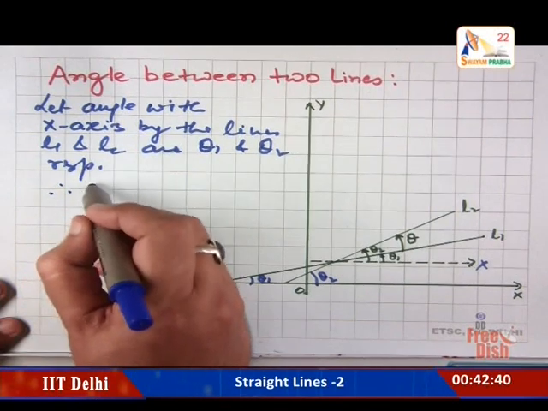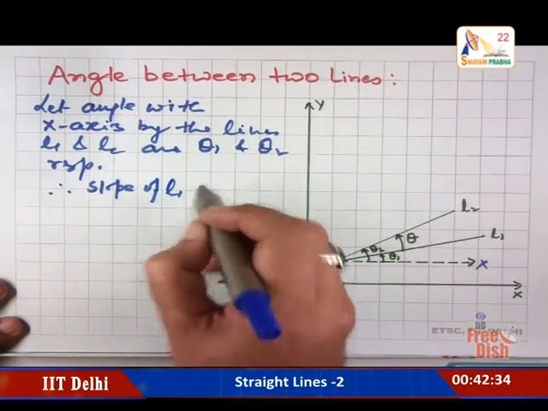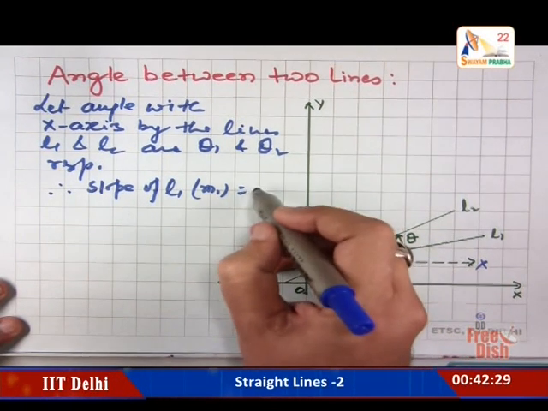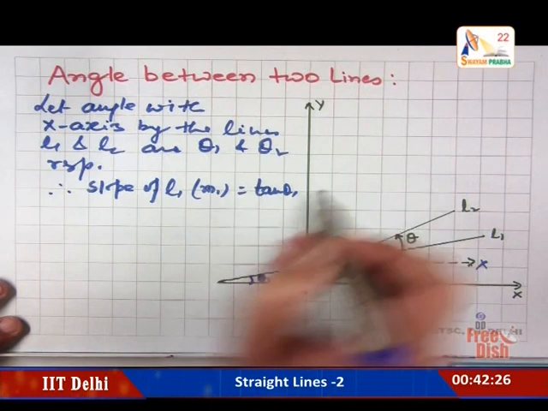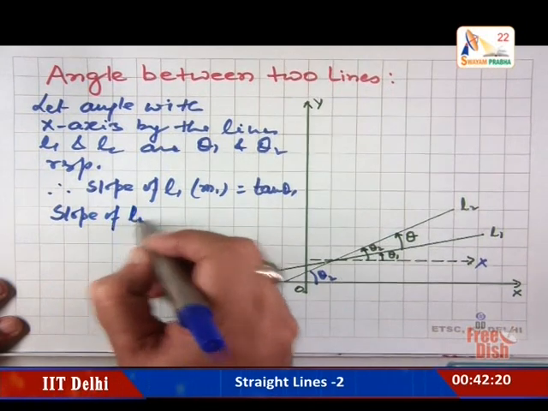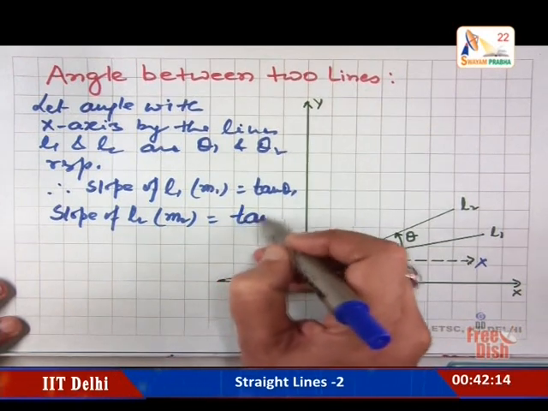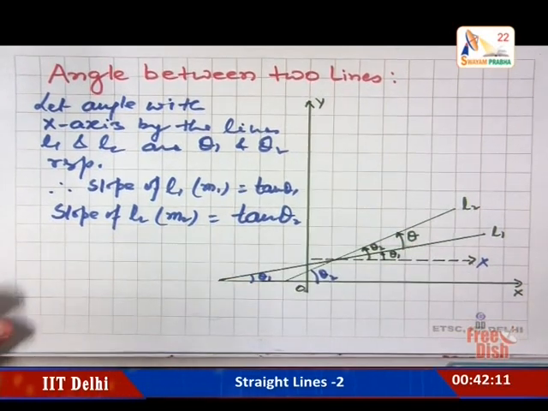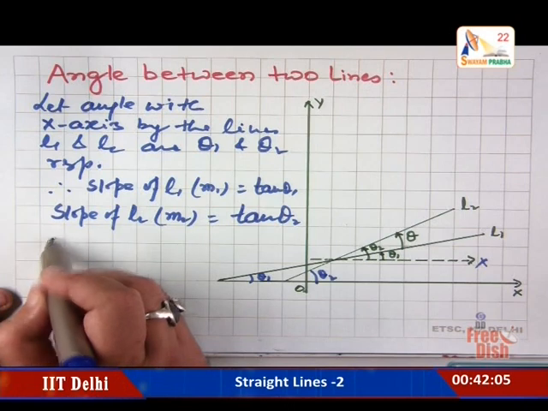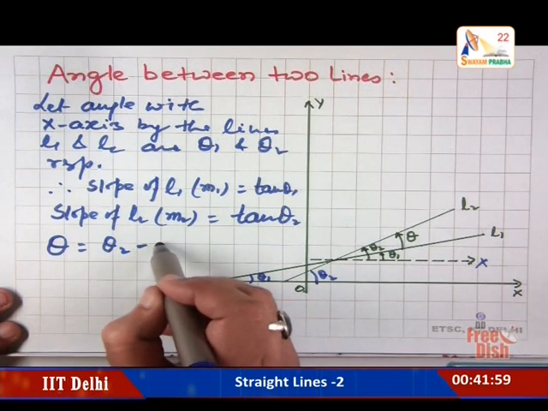So the slope of L1, that is M1, is equal to tan theta 1, and the slope of L2, that is M2, is equal to tan theta 2. In the figure, we see theta is equal to theta 2 minus theta 1.